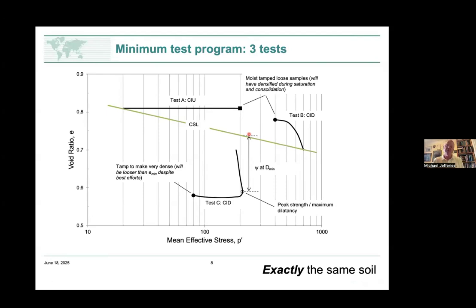Some tests will not come out as you expected, or at least you won't get the initial void ratio, and you would also like to see redundancy in the data. So in my experience, we usually need something like 5 to maybe 8 tests to define the properties of a soil within this framework.